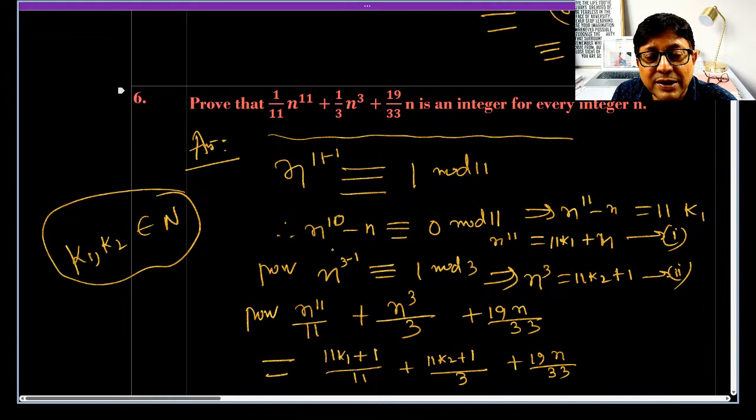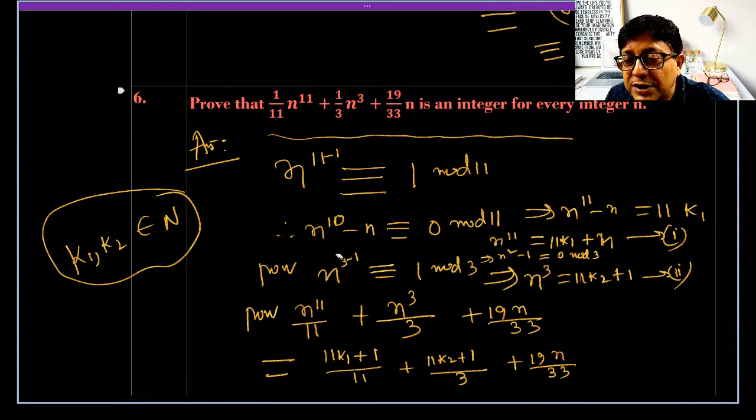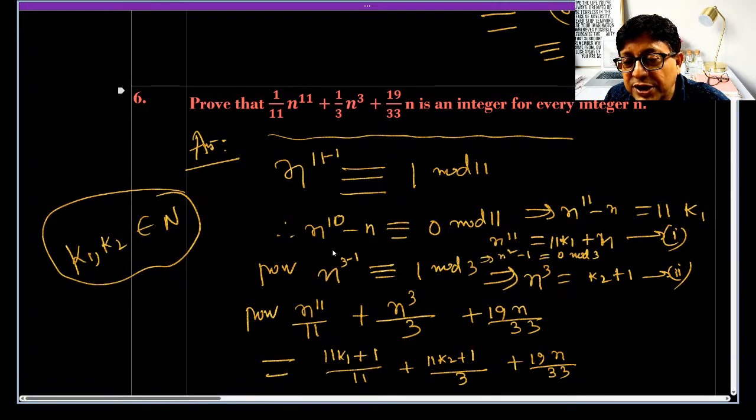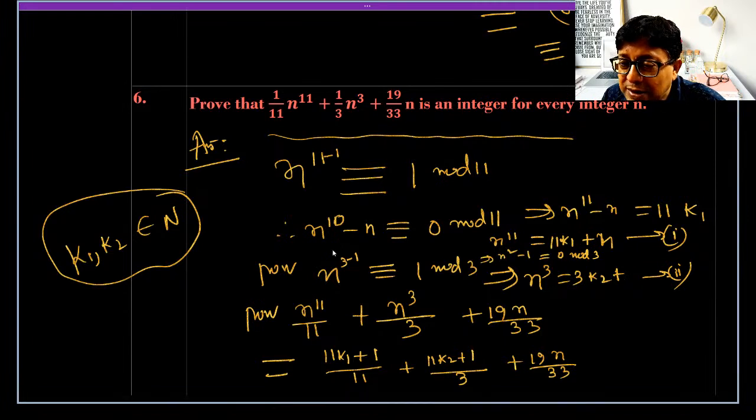And here what you are getting? This will give you n square minus 1 equal to 0 mod 3, multiplied by n. So n cube will be 3k2, sorry, it is 3k2 and then plus n. Why?